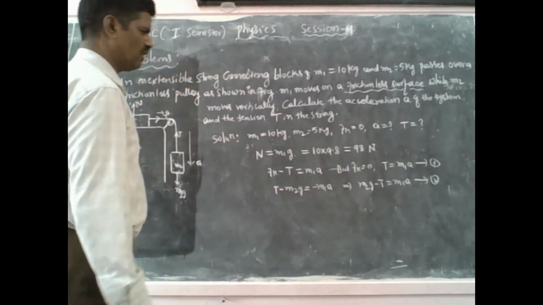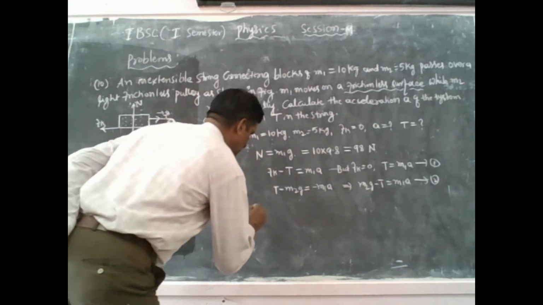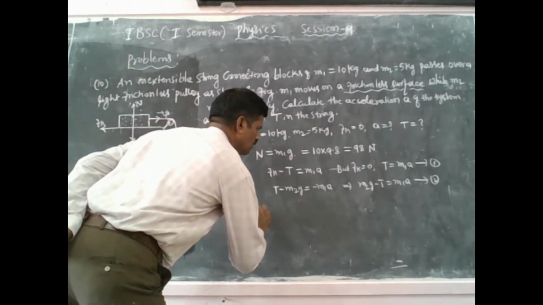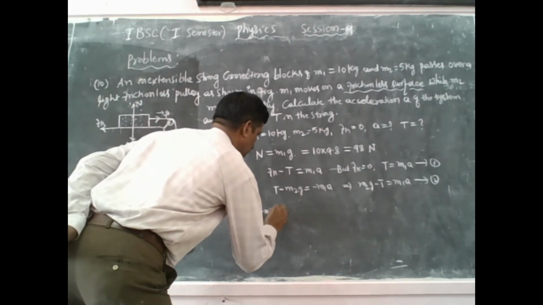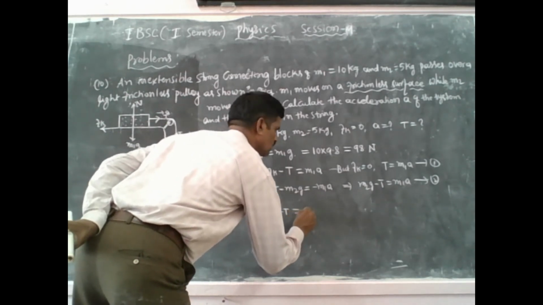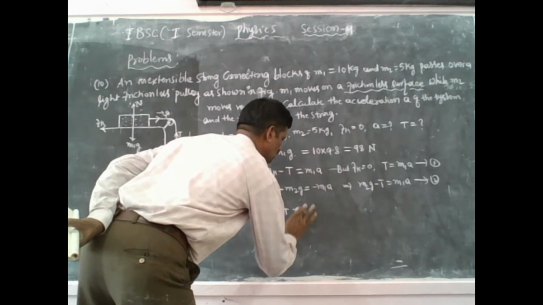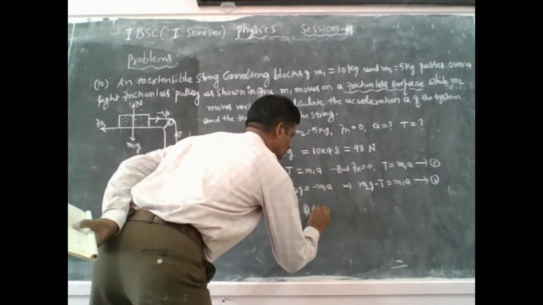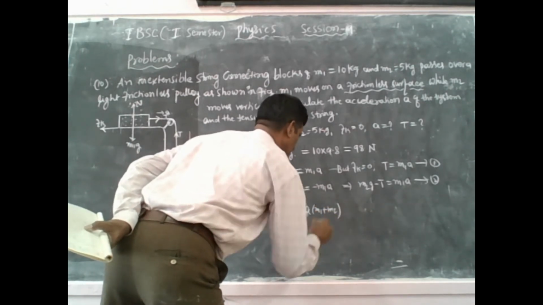From equation number 1 and 2 we can add: T plus M2g minus T equals A into M1 plus M2.